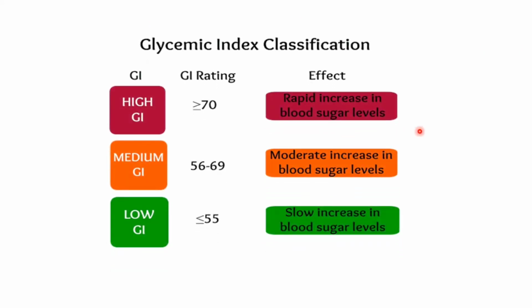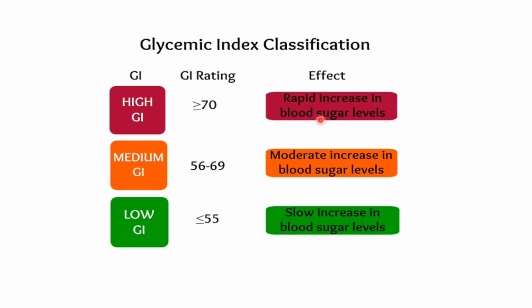Now various foods according to their glycemic index are divided into three categories. That is high glycemic index food, medium glycemic index food and low glycemic index food. So foods having a glycemic index of greater than or equal to 70 are categorized as high glycemic index food, which causes rapid increase in blood sugar level.